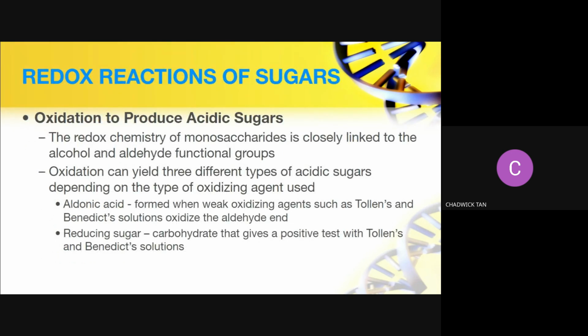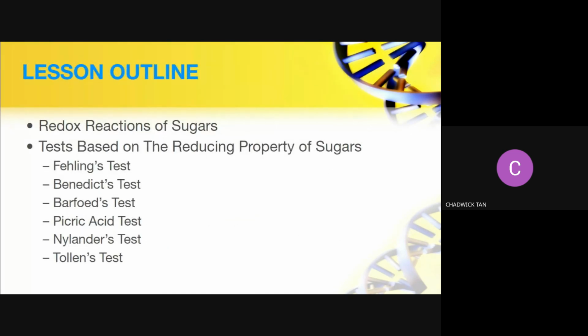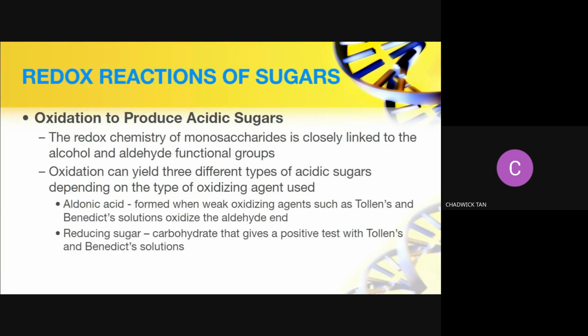So this test is based on the oxidation reaction to produce acidic sugars. Okay, so remember in the lecture we talked about the oxidation reaction of some monosaccharides. So it's linked to the hydroxyl groups or the alcohol groups and the aldehyde and the ketone functional groups.